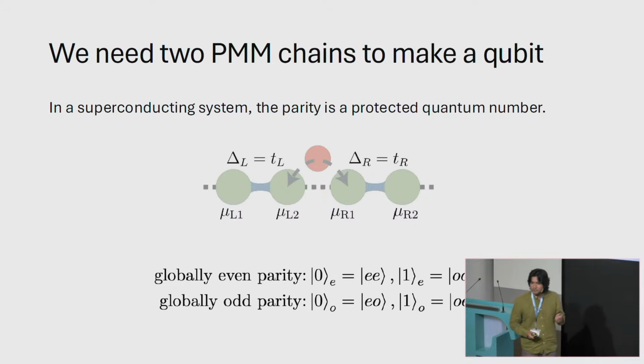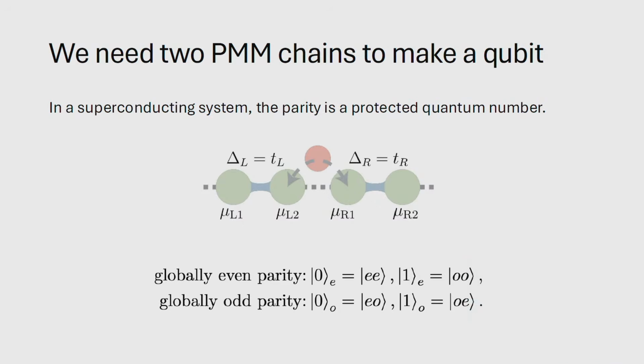And in fermionic systems, parity is protected. That means that electrons don't just randomly appear. Their parity is protected in superconductors, which means that electrons always come in pairs. So that means that you will have either an odd or an even number of electrons globally in your system. In order to have the minimal qubit, we need 2 minimal Kitaev chains.